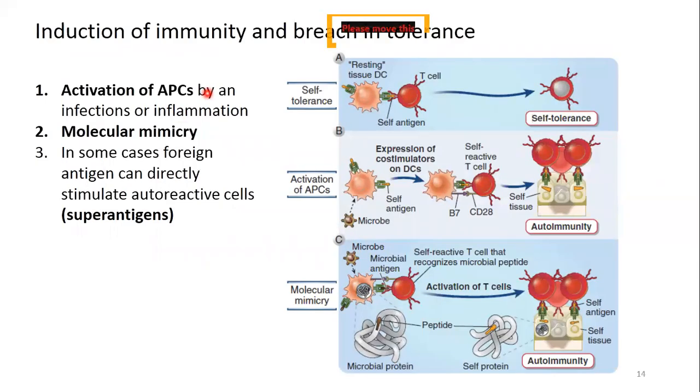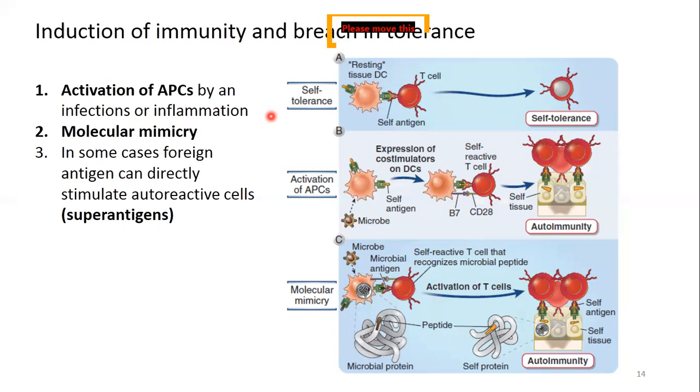So how is the process breached, how is tolerance breached? For example, by activation of antigen-presenting cells by an infection or inflammation. We said in previous slides that in humans, despite being low in number, autoreactive cells exist, but they require co-stimulation.